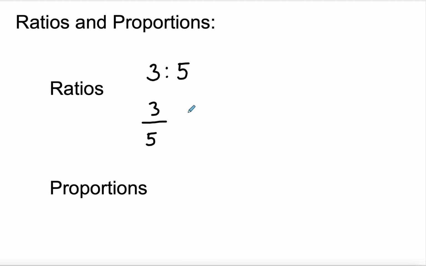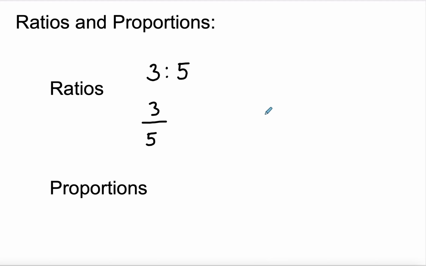Ideally, they make sense. For every 3 houses, there are 5 people. Every 3 cars on the road, there are 5 passengers. And so a ratio is simply a comparison of two quantities.